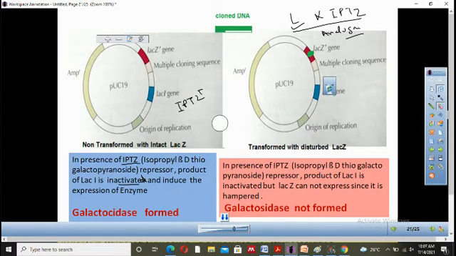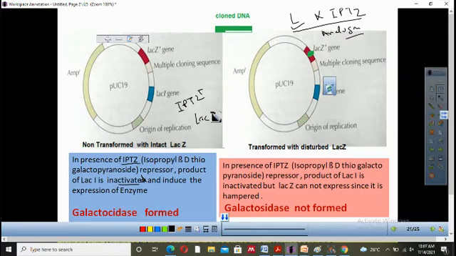The repressor can bind with the IPTG, and it will inactivate the repressor molecules. So when the operon is activated, the product will be formed. It means that the lacZ will express, enzyme production is induced, and beta galactosidase is formed.